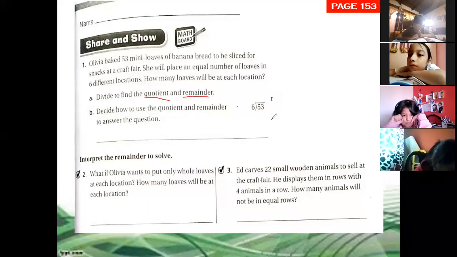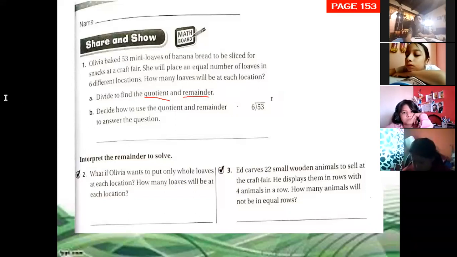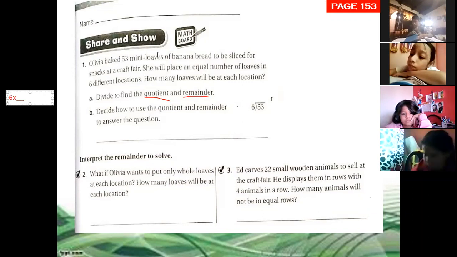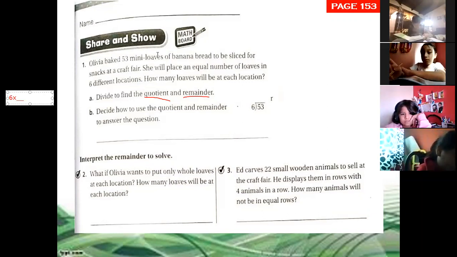So this is our division: 53 divided by 6. It is 6 circles. We have to learn to work with multiplications. We are going to look for the 53 in the table of 6.